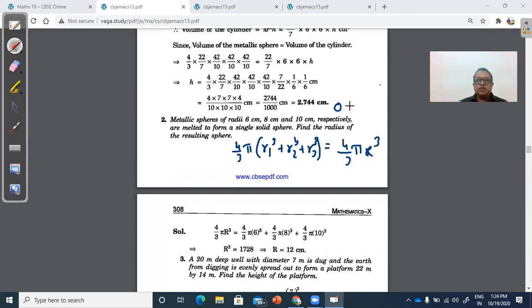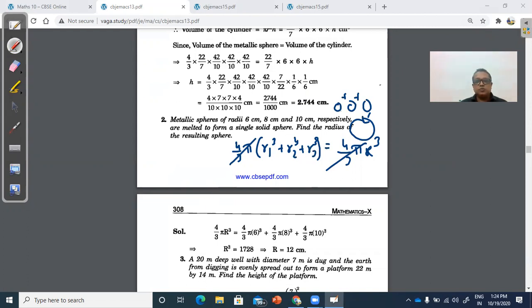So 4 by 3 pi I can directly cancel, and we are left with r1 cube plus r2 cube plus r3 cube.